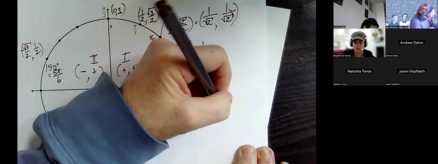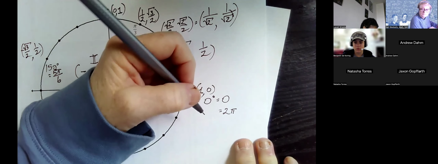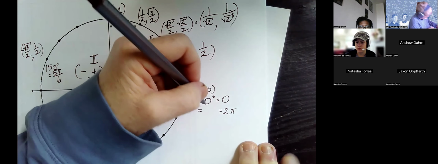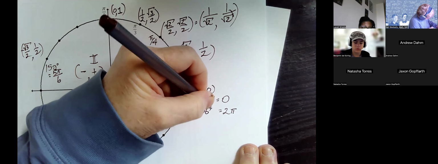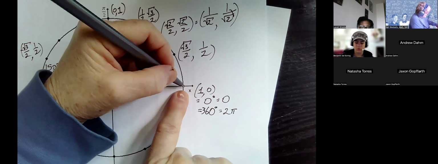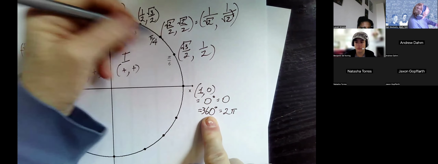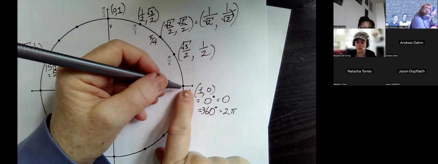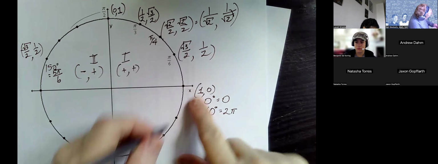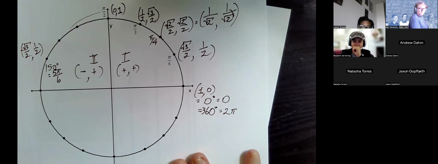Yes. So 2 pi radians, or how many degrees? You could also say 360. Good. So 0, if you're starting here and going nowhere. 360, if you start at 1, 0 and go all the way around the circle, you end up back at 1, 0.